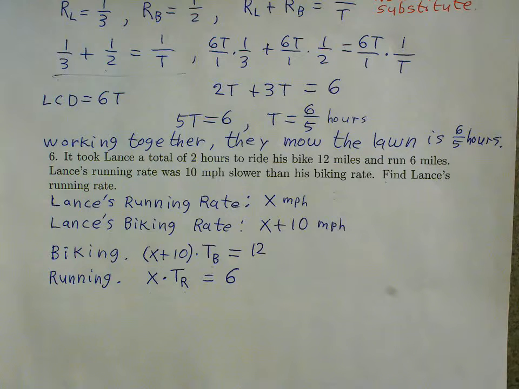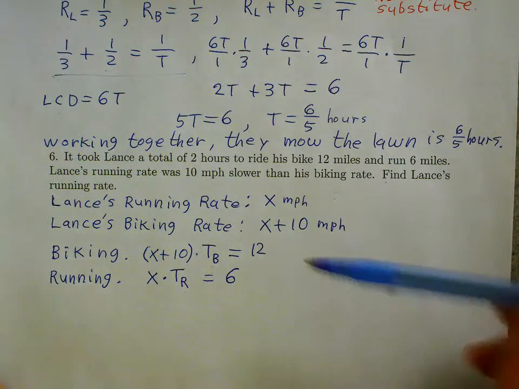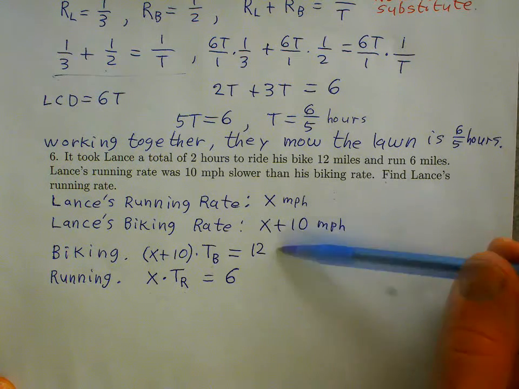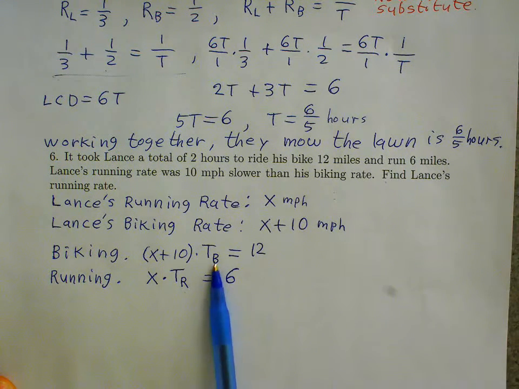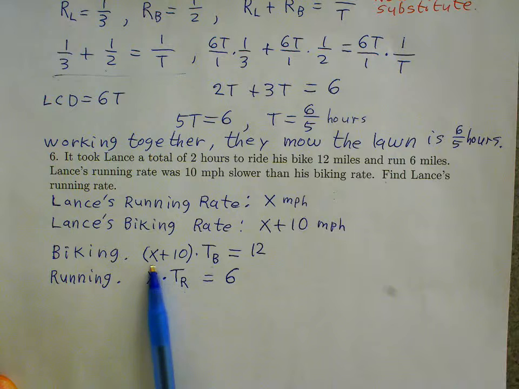So what do we need? Since we want to solve for x, we need an equation whose only variable is x. At the moment, we have two equations, but each one of those doesn't have only x as a variable.